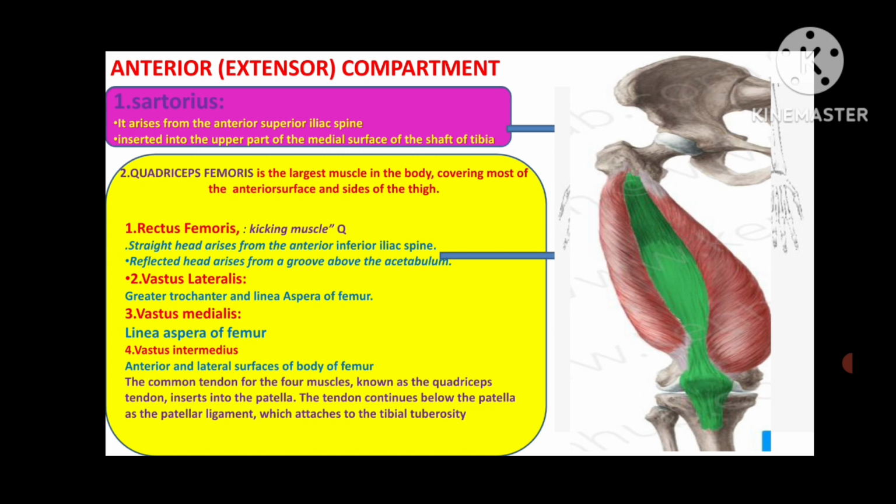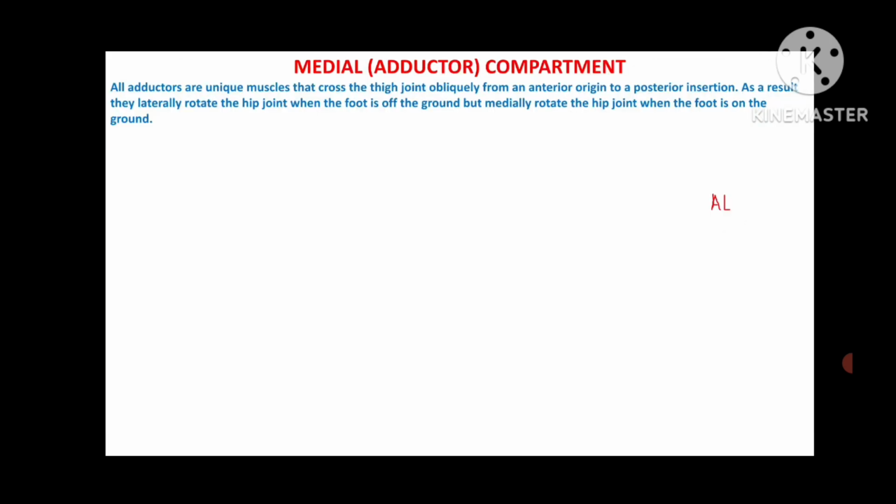It occupies the anterior and lateral surfaces of the body of the femur. The common tendon of these four muscles, known as the quadriceps tendon, is inserted into the patella, and this tendon continues below the patella as the patellar ligament, and this ligament is attached to the tibial tuberosity. So these are all the muscles of the anterior compartment of the thigh.